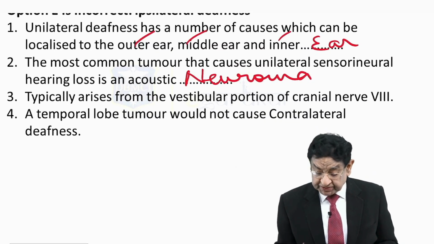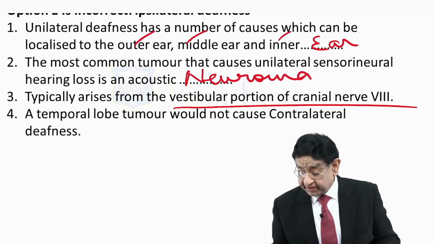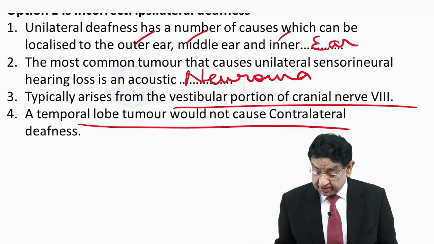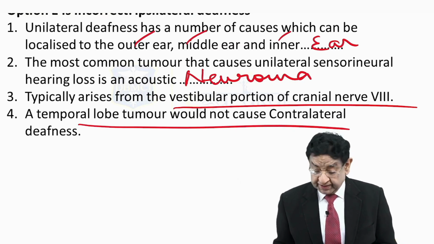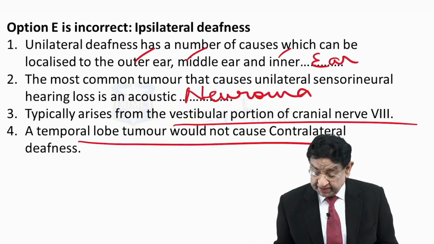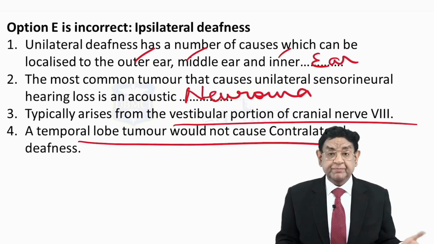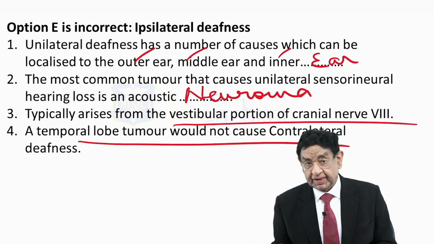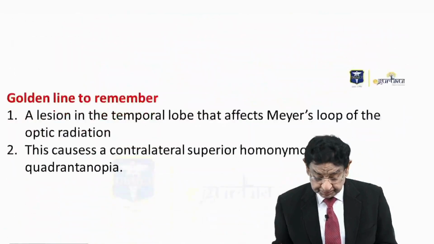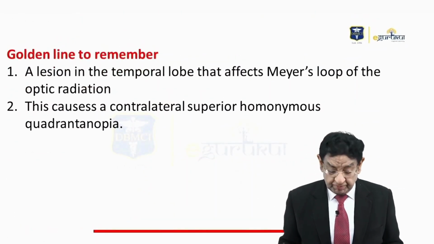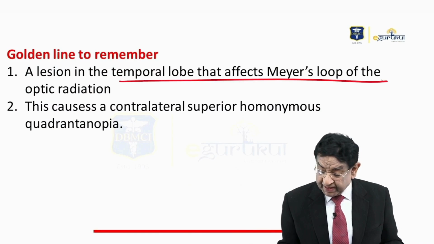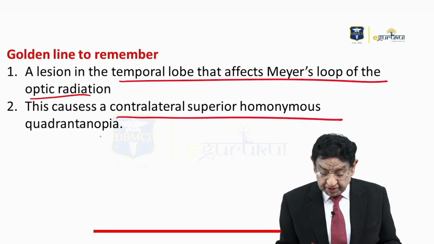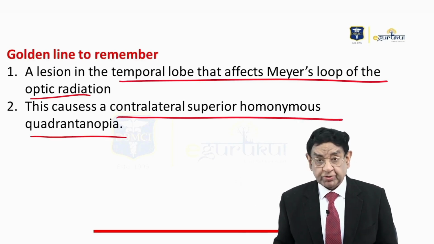Classically it arises from the vestibular portion of the 8th cranial nerve, and a temporal lobe tumor usually does not lead to deafness. Ipsilateral or contralateral deafness is not a feature of temporal lobe lesions. Golden line to remember: a lesion in the temporal lobe affects Meyer's loop of the optic radiation. It causes a contralateral superior homonymous quadrantanopia.